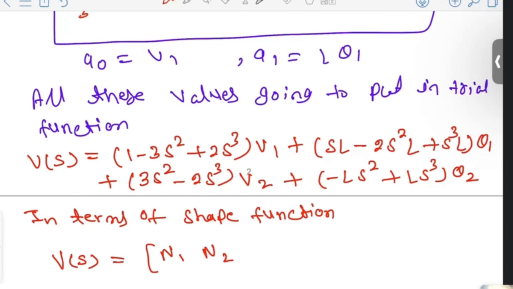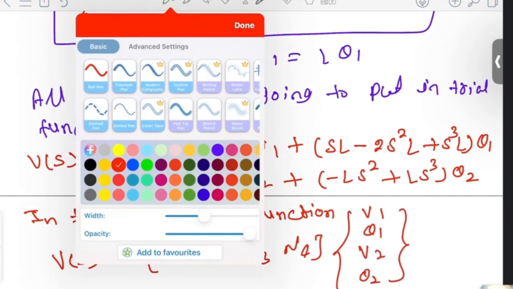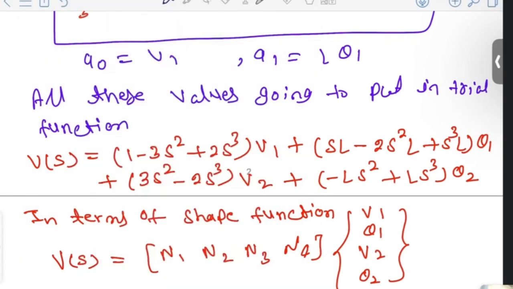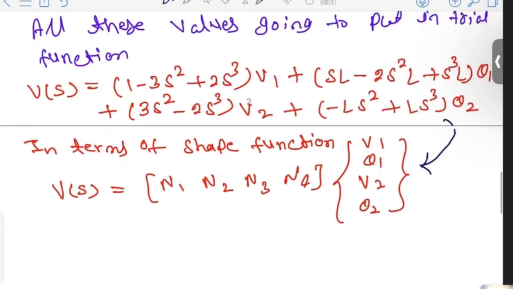Yes, four only. So N1, N2, N3, and N4, these are four shape functions. There are nodal displacements v1, theta 1, v2, theta 2. So this equation we can write in this way, and then what will be N1, N2?